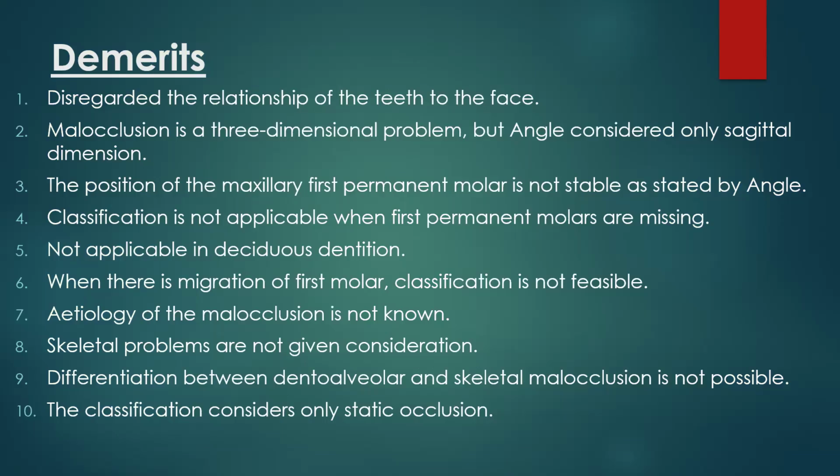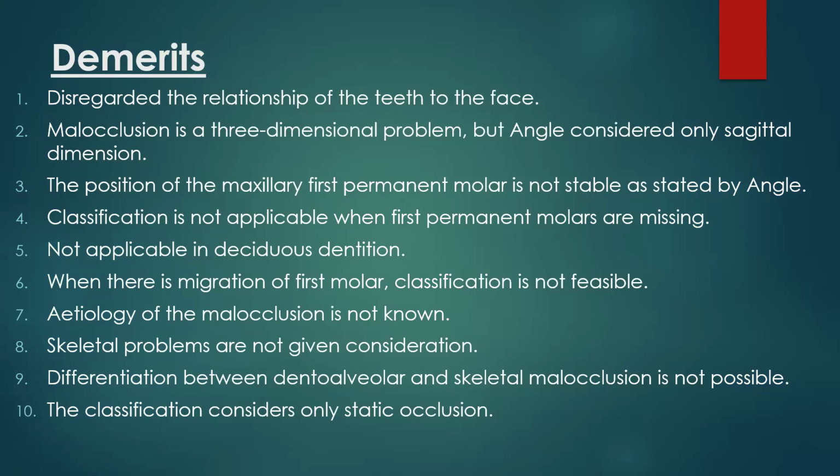So some of the main demerits are that it disregards the relations of teeth to the face. Malocclusion is a 3D problem, but he considered only the sagittal dimension. The position of the maxillary molar is not stable, as stated by Angle, because the molar can have an increased chance of migration. Migration is highly likely for the molar, so that's also a drawback.